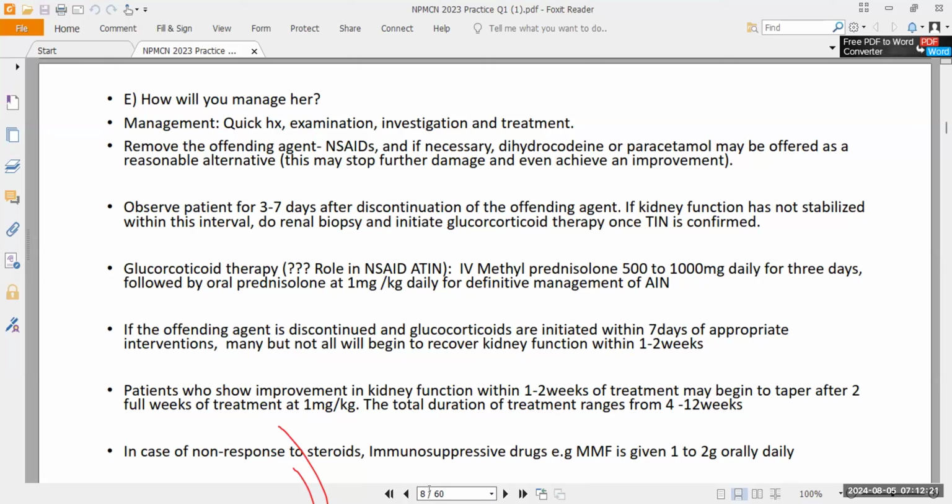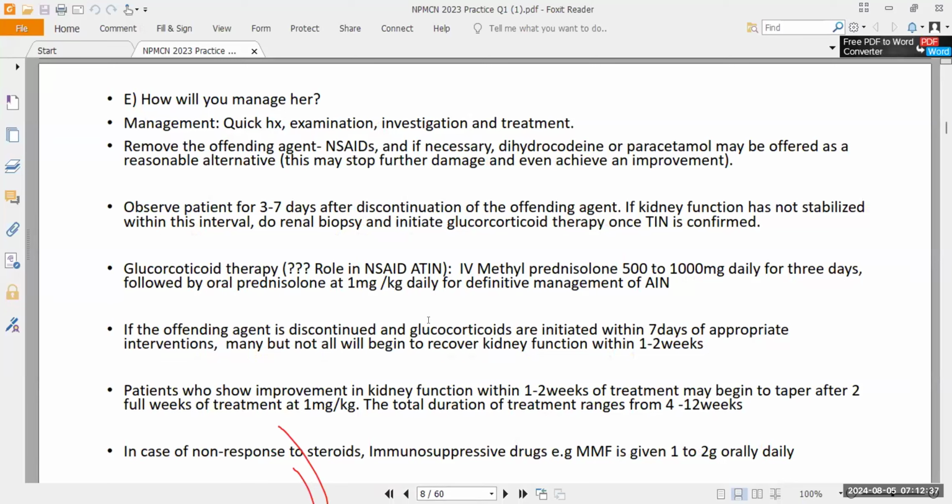After removing the offending agents, I would observe the patient for 3 to 7 days. If the kidney function has not stabilized within this interval, the renal biopsy will be an indication. After confirming the diagnosis of tubular interstitial nephritis, I would like to initiate glucocorticoid therapy.